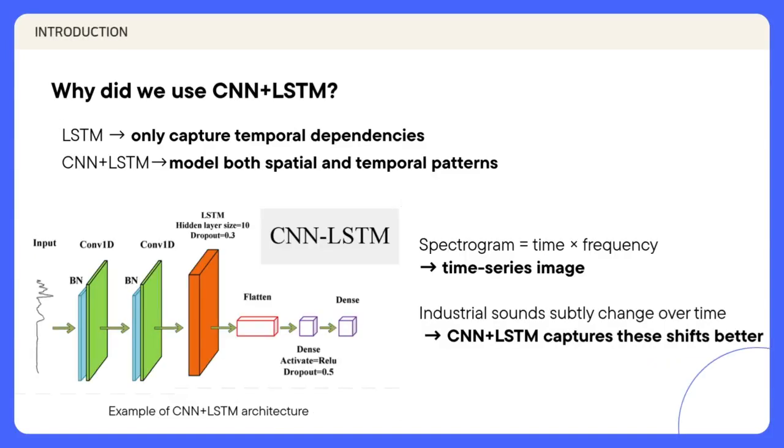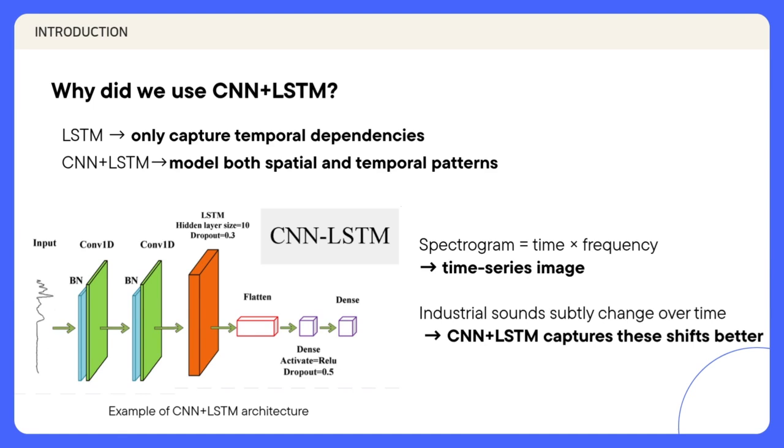Here is why we chose the CNN LSTM architecture instead of a plain LSTM. When using only an LSTM, it can capture merely the temporal variations in the time series data, making it difficult to distinguish the characteristics of each frequency band on its own.